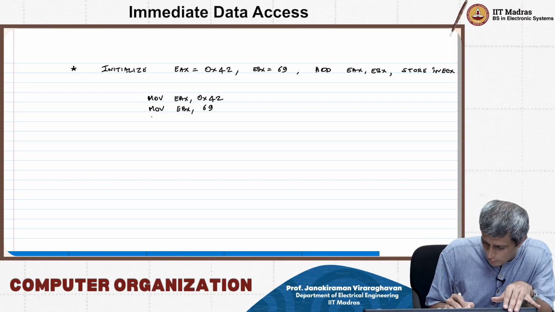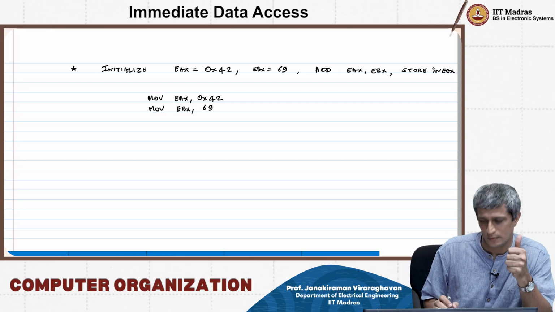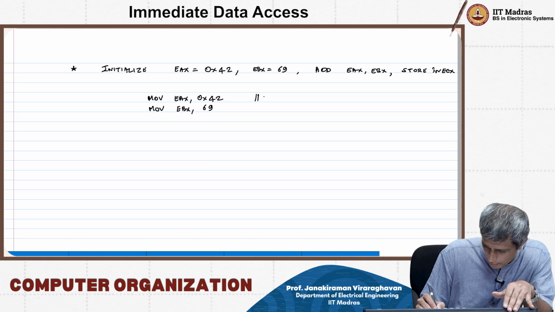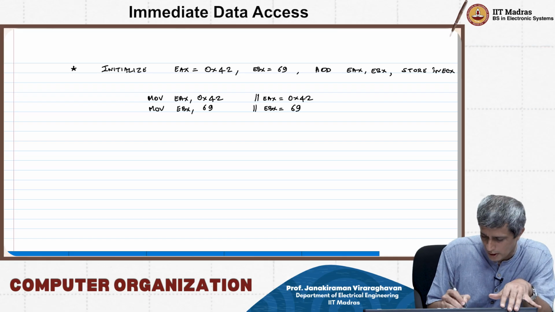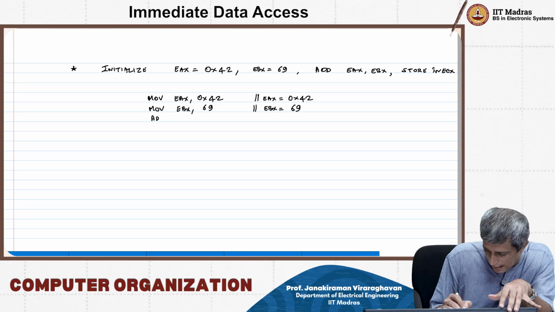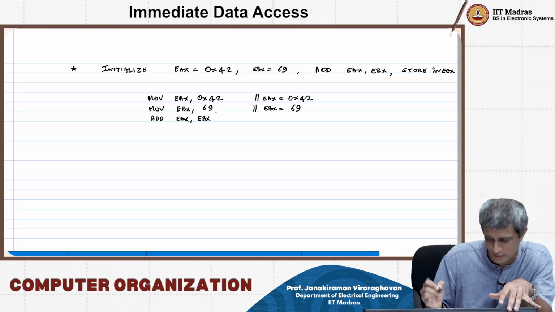And then what do I want to do? So EAX has, let me write the comment, EAX equals 0x42, EBX equals 69, and then I say add EAX comma EBX.